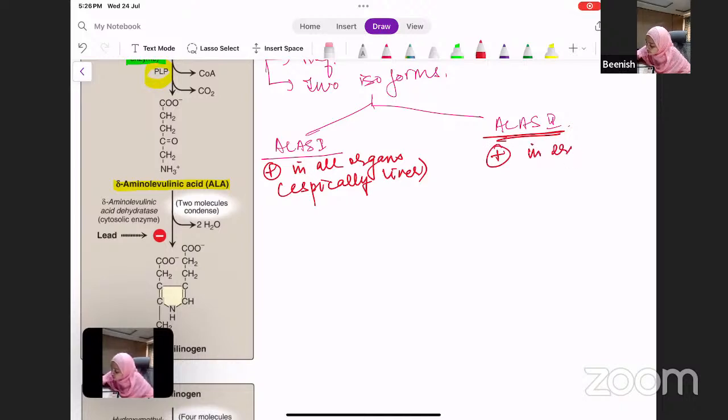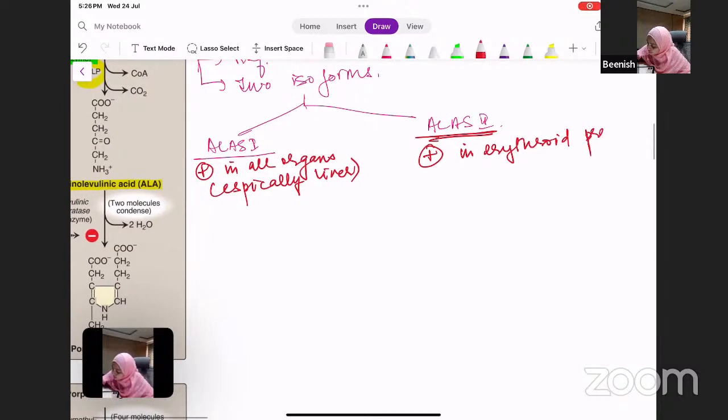Present in erythroid precursors. The synthesis is based on availability of globin. Since this is occurring in erythroid precursors, the synthesis of heme is going to be based on the availability of globin, because the heme synthesized here is going to combine with globin to form hemoglobin.